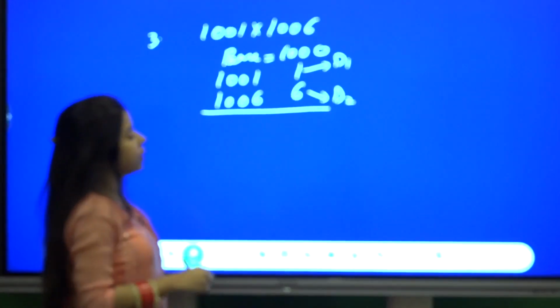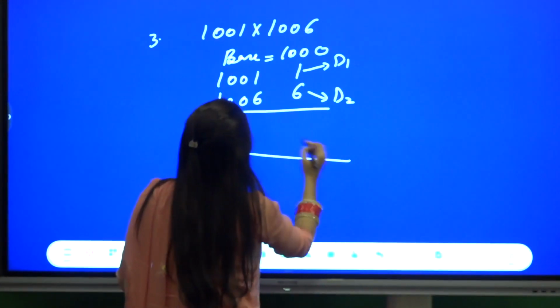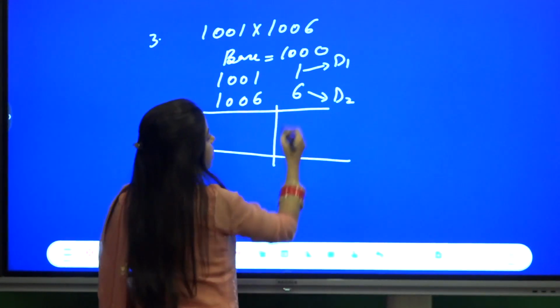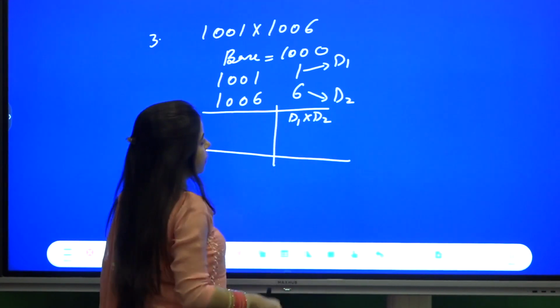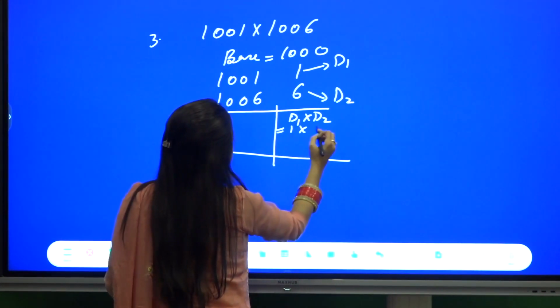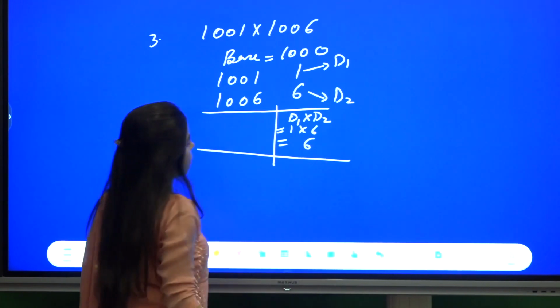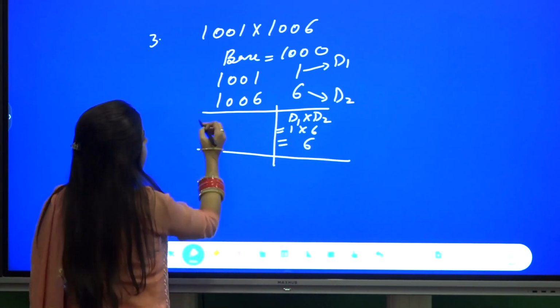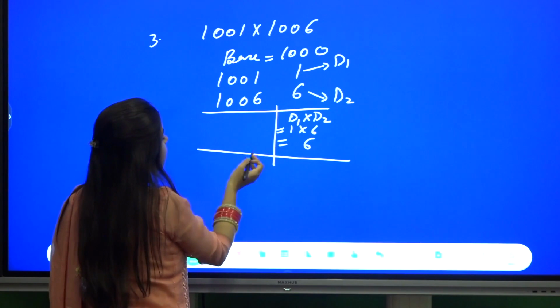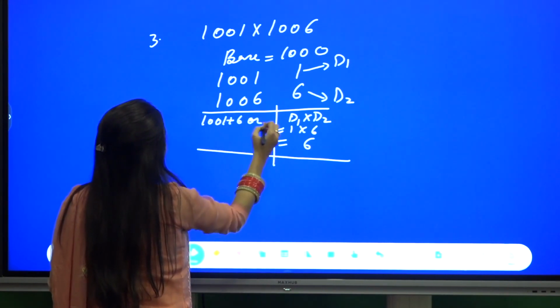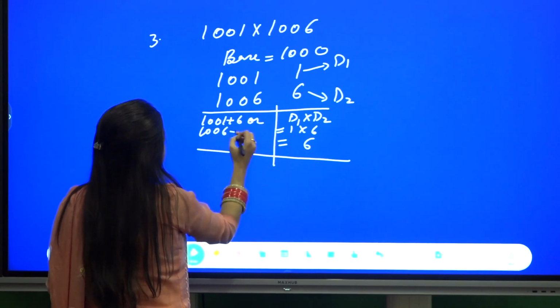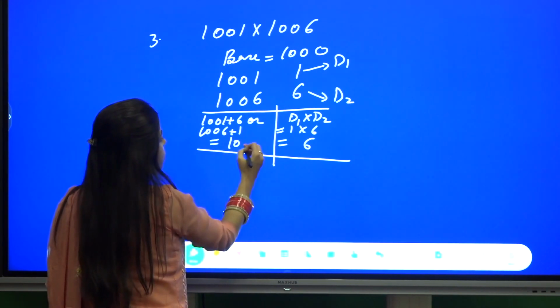We are going to write our answer in two parts. The right side is D1 into D2, which is 1 into 6, and the answer is 6. For the left part, we are going to add the numbers crosswise, 1001 plus 6 or 1006 plus 1, and the answer is 1007.